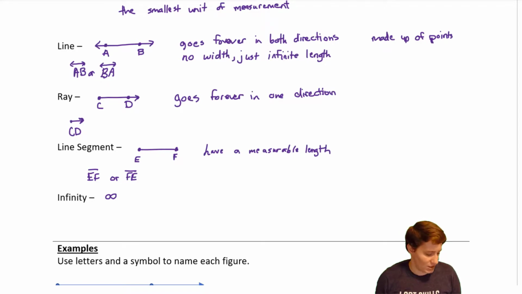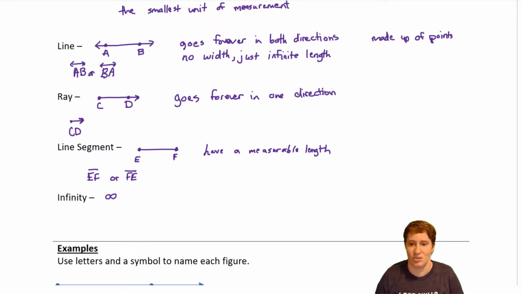So infinity is this idea that we have a really, really, really big number happening. A number so big that we actually can't even comprehend it. It's like saying the biggest thing that it could ever be.